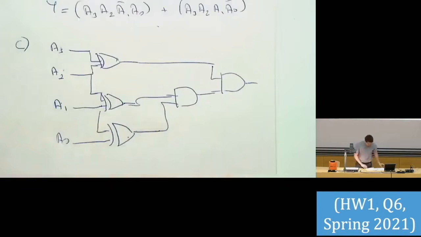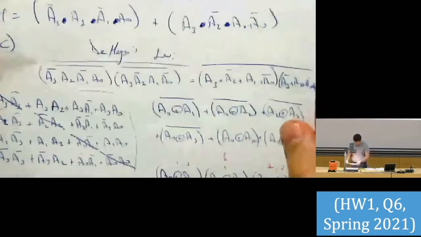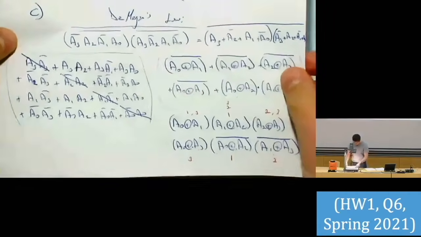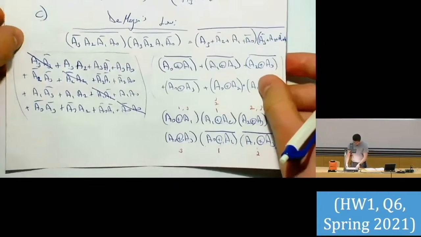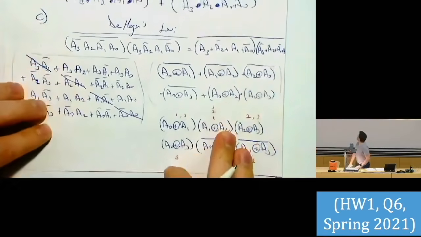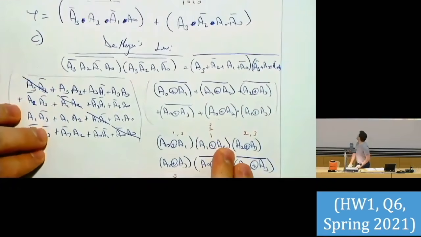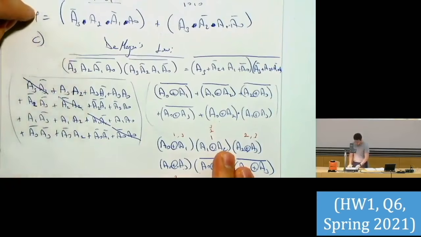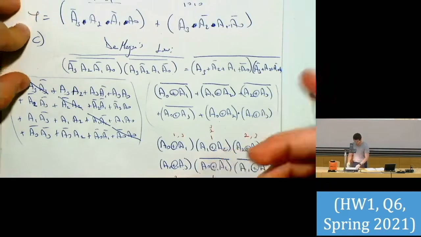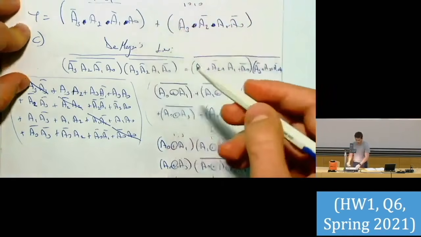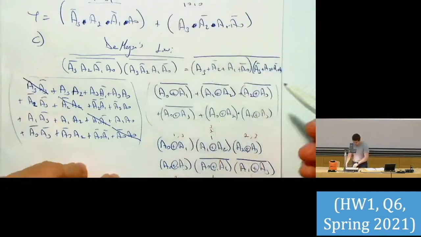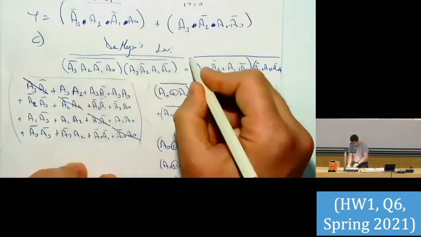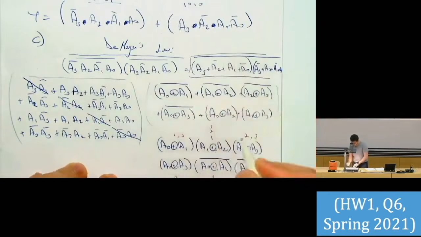If you need to prove that this is actually correct, I have something written here. What you need to do is write Y in a Boolean equation and also take the De Morgan, right? When you take the De Morgan, you will have something like this.